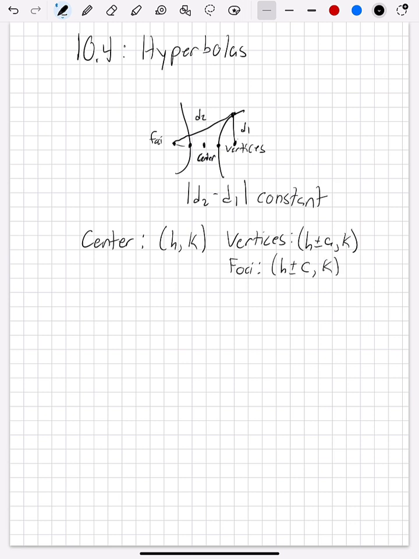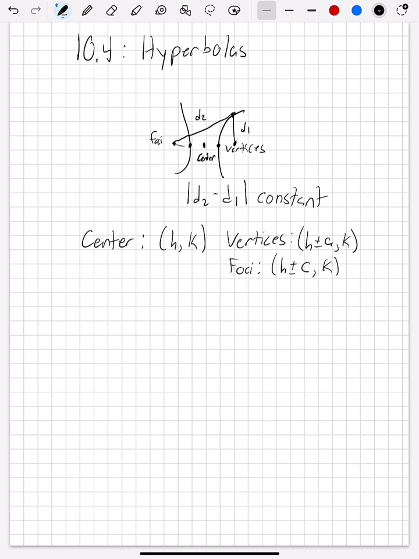And if this hyperbola were to be rotated 90 degrees, then you would have k plus a and k plus c for the vertices and foci. So a represents the distance from the center to the vertex, and c represents the distance from the center to the foci. All right.